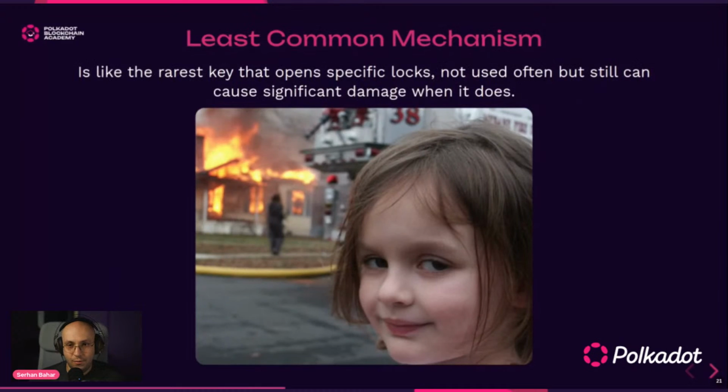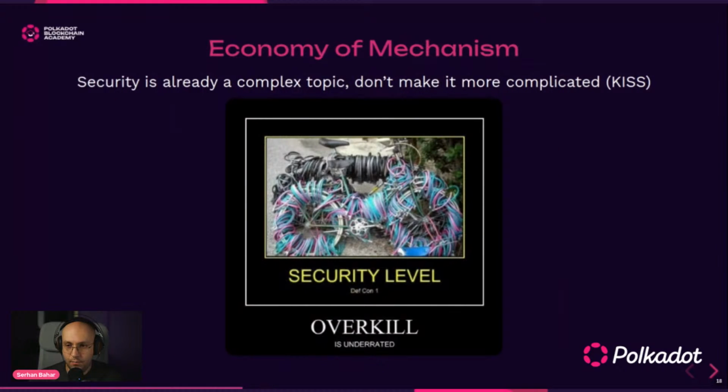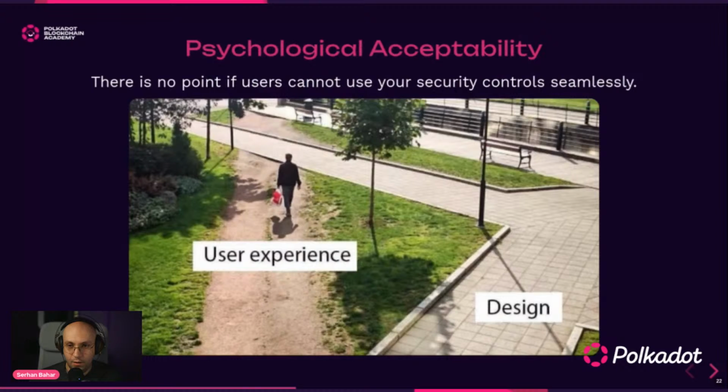But when we use a common mechanism for everything, we also create some kind of risk for applications. For example, if there is a vulnerability in a specific library, it can affect all of your software, all of your components, all of your products. So there is another balance between this common mechanism and also economy of mechanism. So yes, we need to have some kind of balance between using one thing for everything, and also trying to understand its risk and its single point of failure.